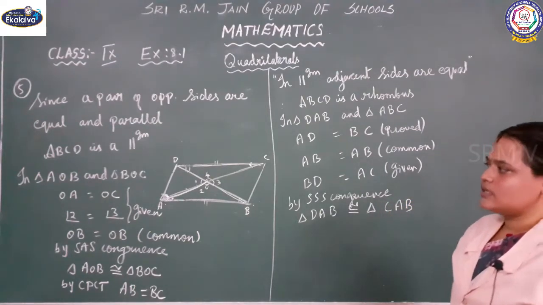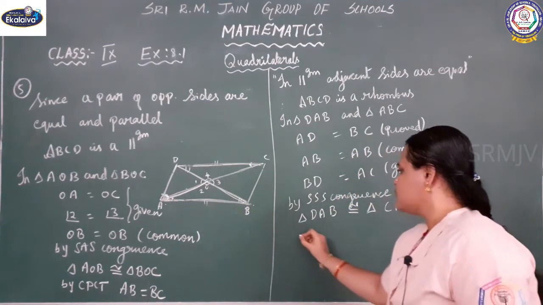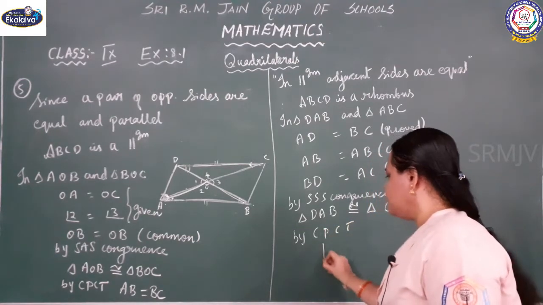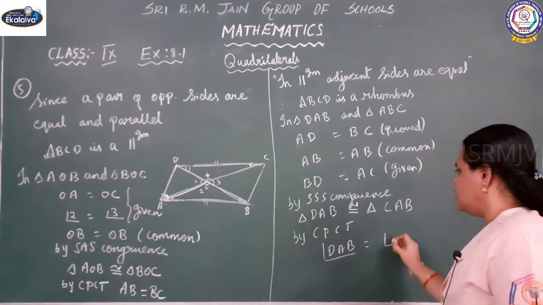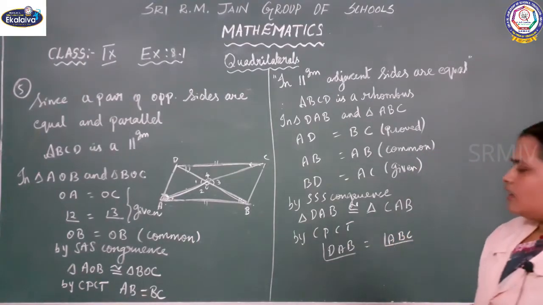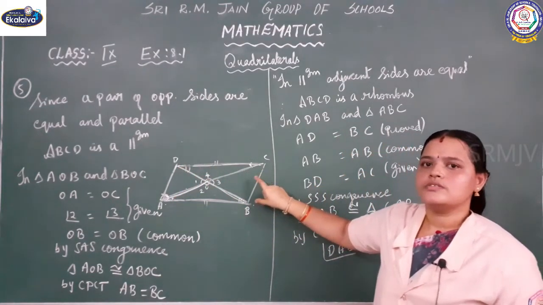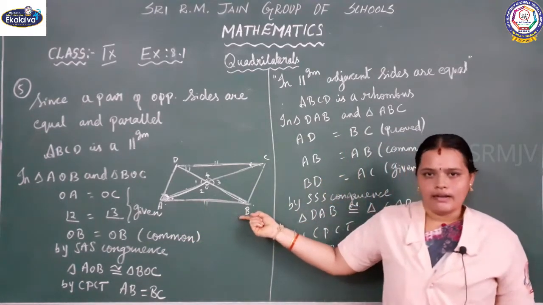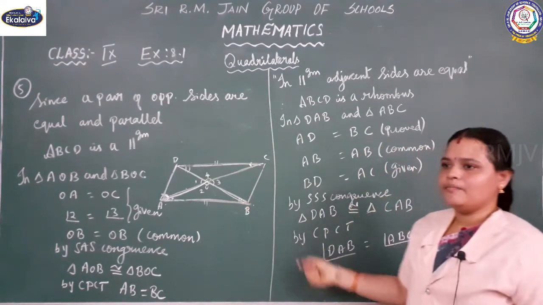Now by CPCT, angle DAB is equal to angle ABC. Now we know already that these two lines are parallel, right? Because this is a parallelogram, and we are going to consider this AB line as a transversal and prove one of the angles is 90 degree.